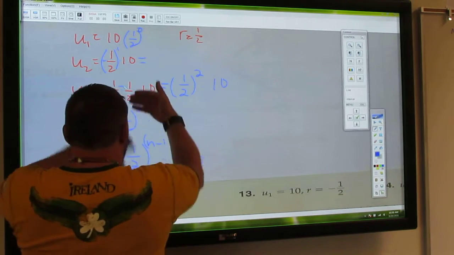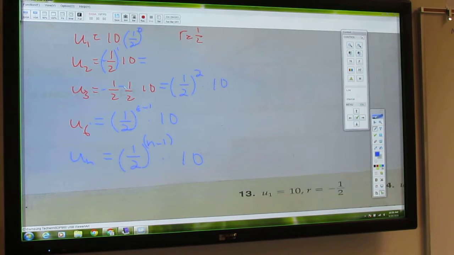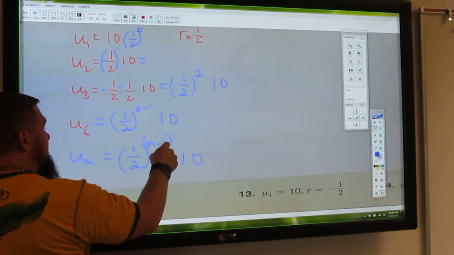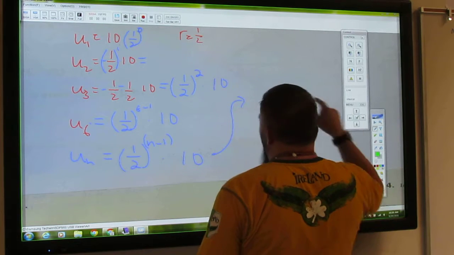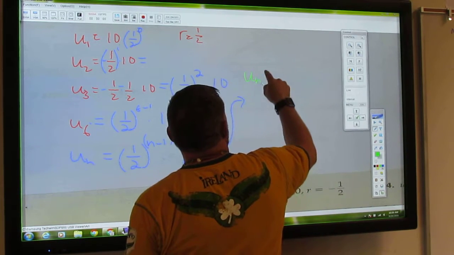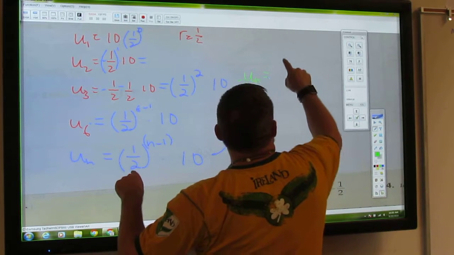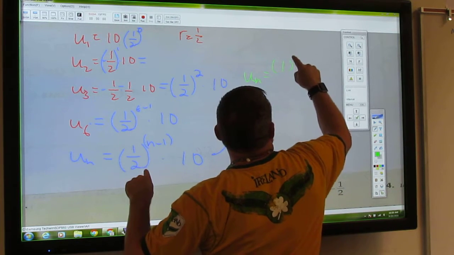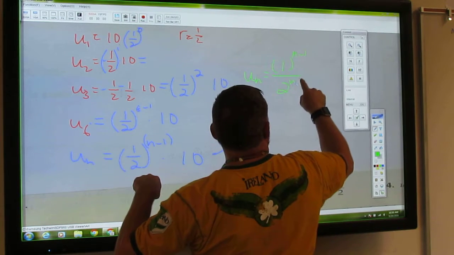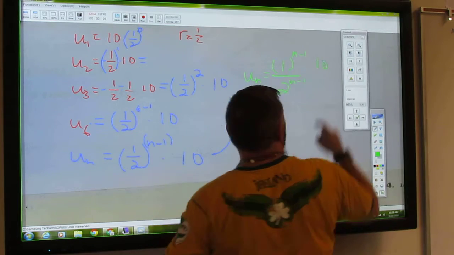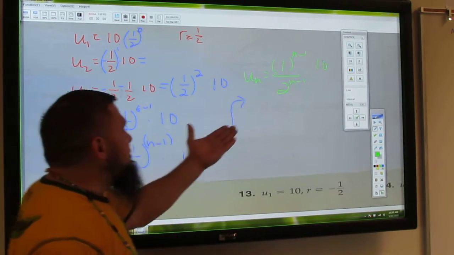In essence, if we rewrite this as u sub n is equal to negative 1 to the n minus 1 over 2 to the n minus 1 times 10, then how many 2's go into 10?